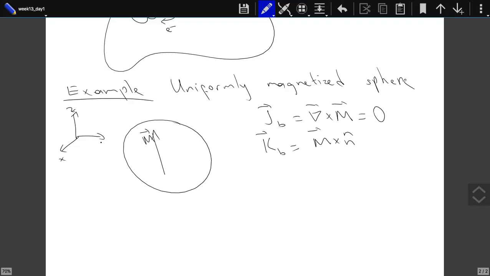This is Z, X, Y. This is my origin at the center of my sphere, so that n hat is nothing but r hat. So this is equal to M in the Z direction cross r hat, M z hat cross r hat. So what is the magnitude of this bound surface current?